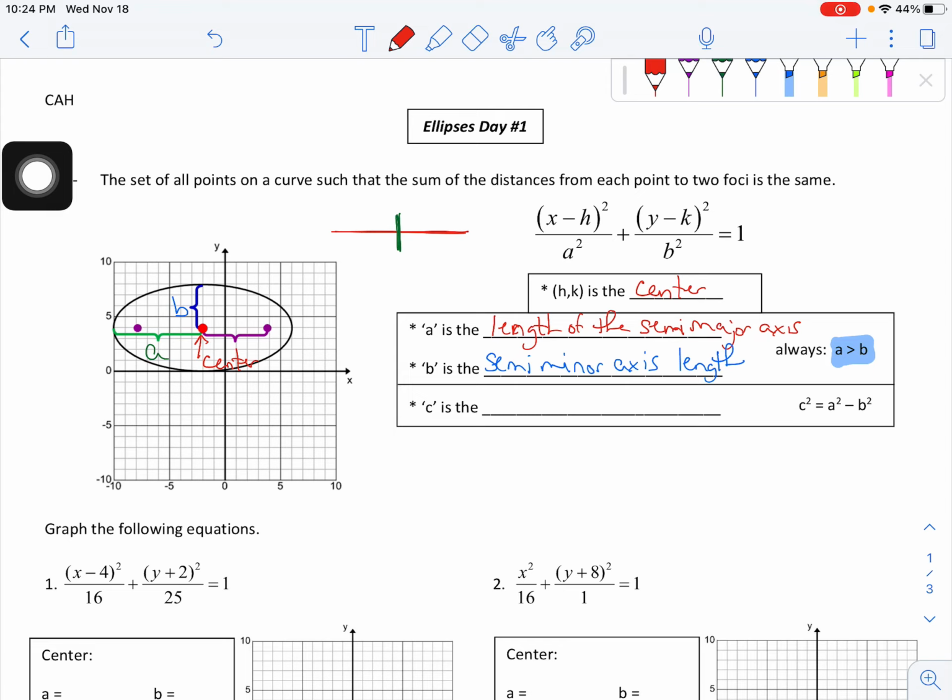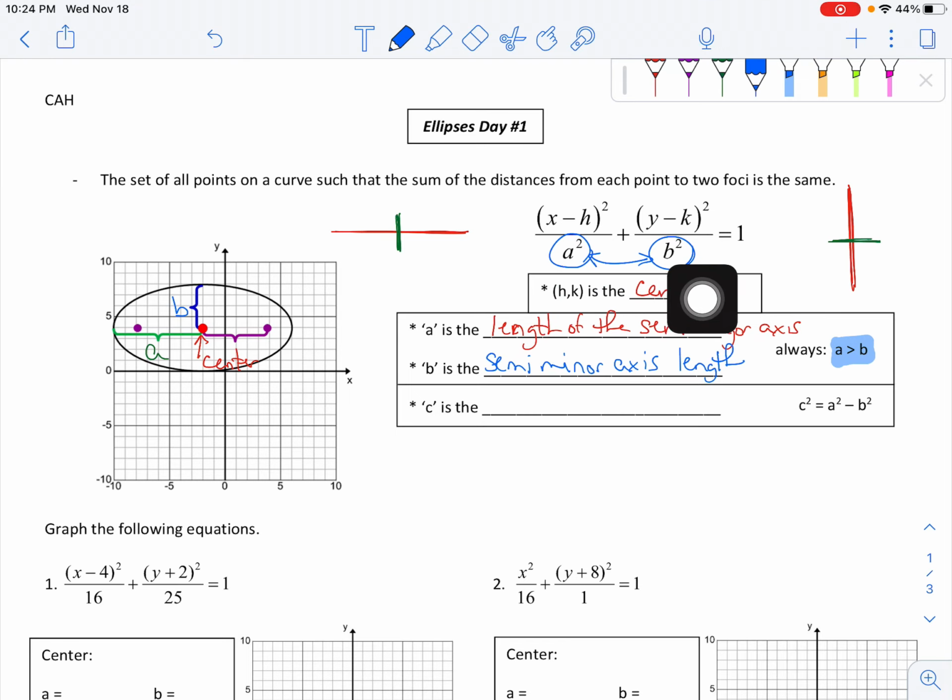We can also have a graph that is more elongated vertically, in which case your minor axis would be horizontal. In that equation, your A and your B values would be flip-flopped, in terms of the A value would be underneath Y to create the longer axis vertically, and the B value would be underneath X to create the shorter horizontal axis, the shorter minor axis, okay?